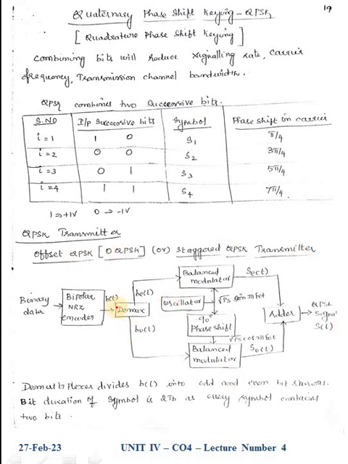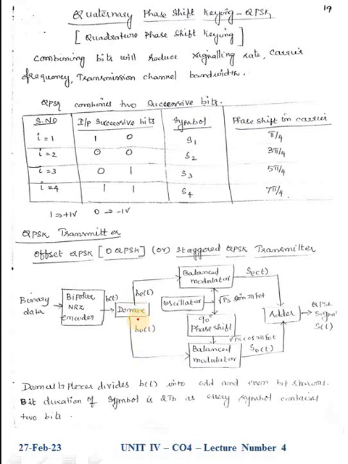Now the QPSK transmitter. It is otherwise called offset QPSK or OQPSK. In other words, it is called a staggered QPSK transmitter. Why it is called offset: the bipolar NRZ encoder produces a bit stream, which is given to the demultiplexer.